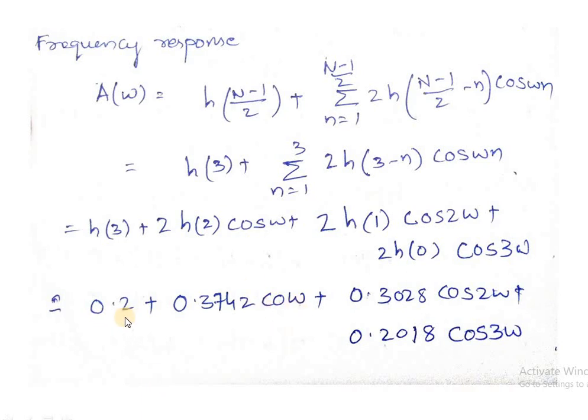And now substituting various values of omega so that we can draw this magnitude response effectively, I consider around 12 samples or at least 11 samples out of 0 to pi.